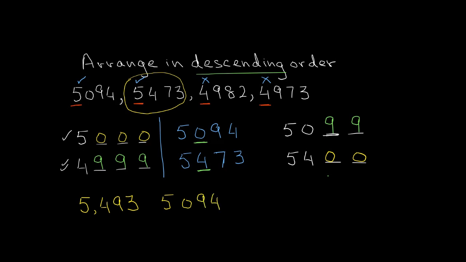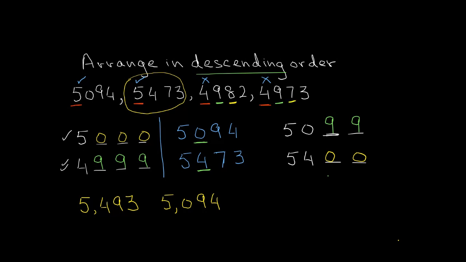And now what about the third number? Well, the third number, again, if we do the same algorithm, you can see that I have 4,982 and 4,973. So both of these numbers have the same number in the hundreds place, so that doesn't help us. But now this number has 8 in the tens place, whereas this number has 7 in the tens place.